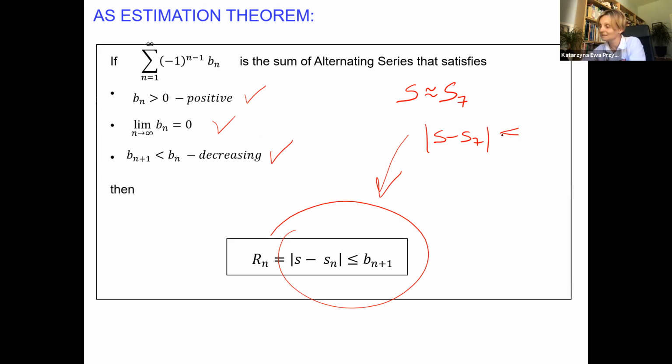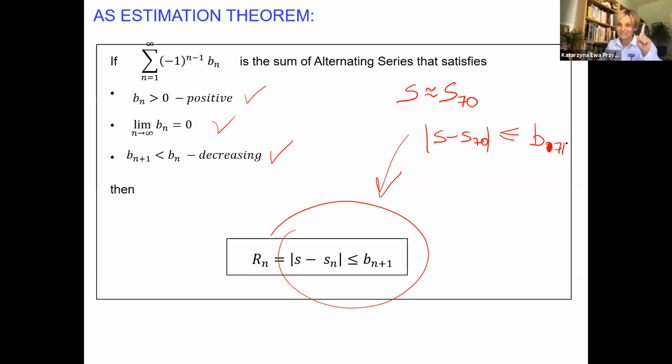This will be less than or equal to, can you tell me, b sub 8, the next term, because I used 7 terms. The size of this difference will be less than, hopefully a small number, b sub 8. And for instance, if I do 70, what will be the difference? Smaller than b sub 71, the next term.